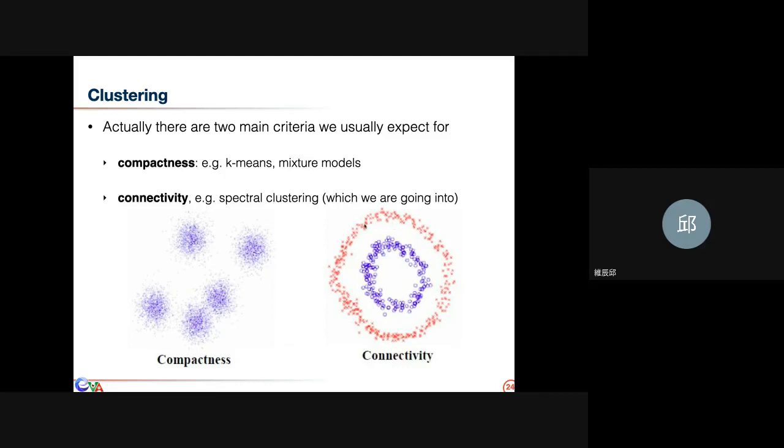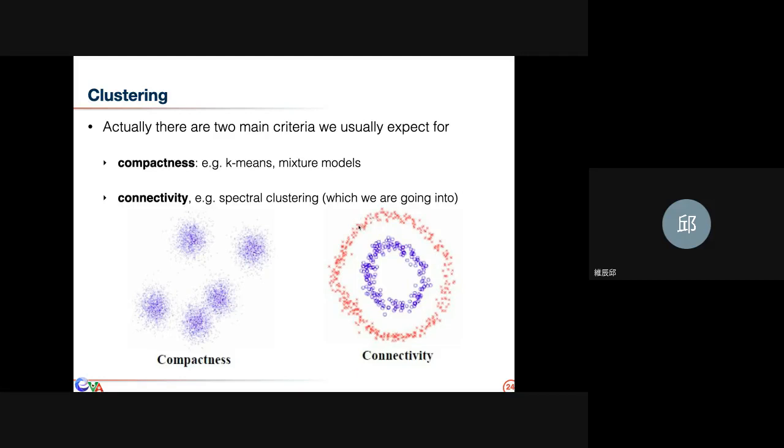So basically, in this figure, we would like to cluster the data points with strong connections together. For example, the data points on the outer circle do have strong connections, right? Here this data point has strong connections to its neighbor, and its neighbors have strong connections to another data point, and so on.